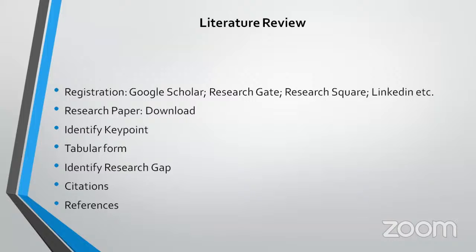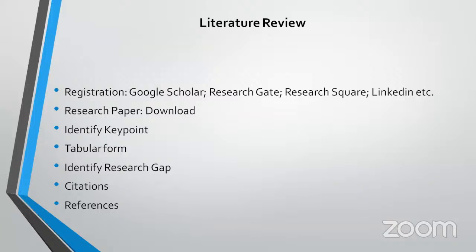Okay, so here are the steps I have written for how to collect the papers. First you have to register yourself in Google Scholar, ResearchSquare, ResearchGate, Researcher, then LinkedIn. There are so many different websites nowadays that you can use to get so many different papers. Then you have to download them and identify the key point.